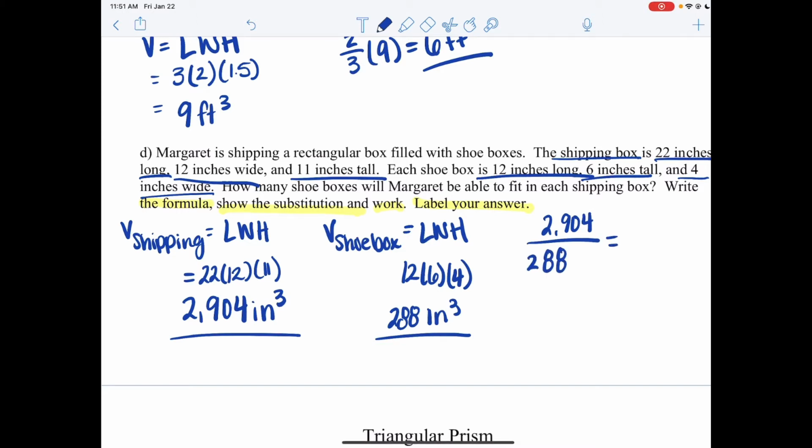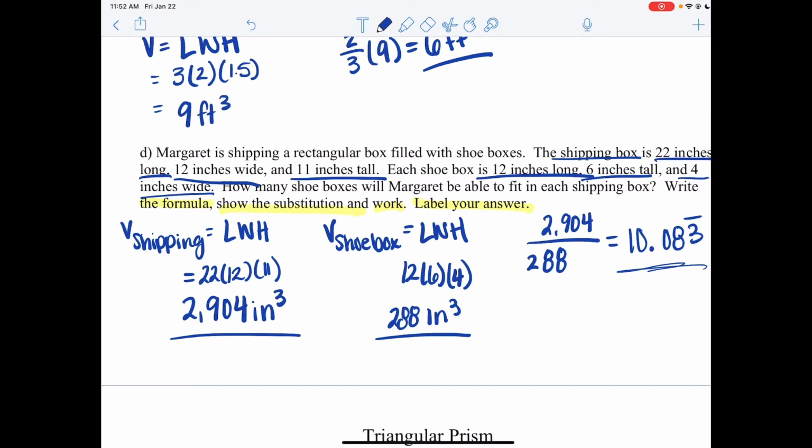So 2,904 divided by 288 is going to give me a total of 10.083 continuing.